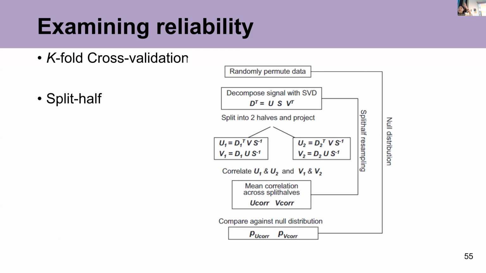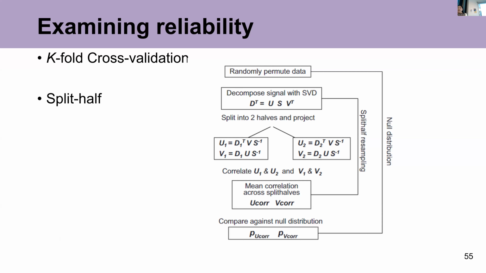You're breaking your data into subsets, and then you repeat your PLS within these subsets, and then you compare how similar the results are. The idea is if you can find the same pattern in different subsets of your data, then it's more likely to be reliable.